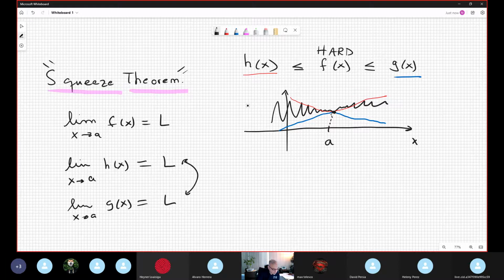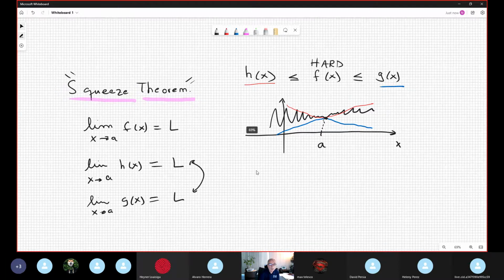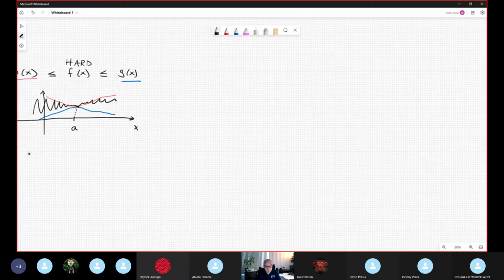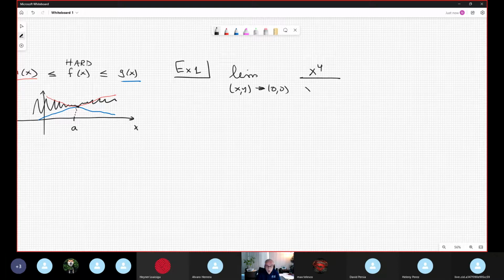I suppose you remember, yes or no? So we apply this idea again in multivariable. Look at this example. Let me start from an easy one. Example 1 is the Squeezy limit when (x, y) approaches (0, 0) of x to the 4th power divided by x squared plus y squared.